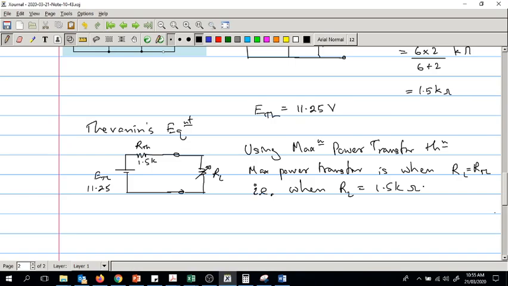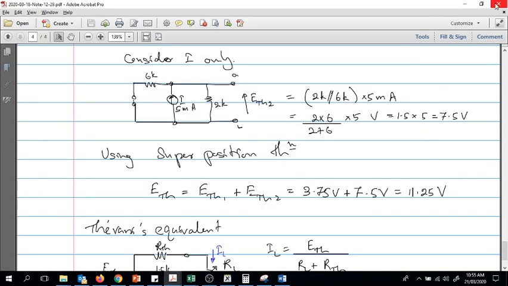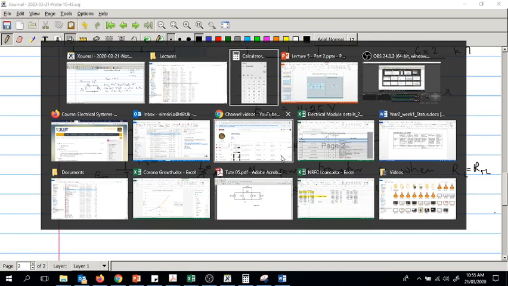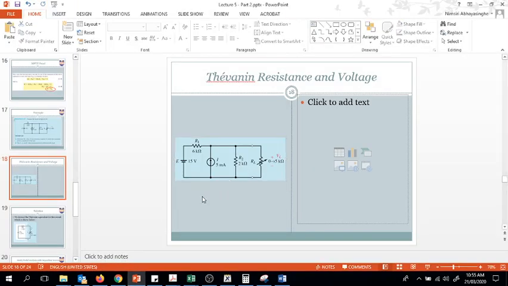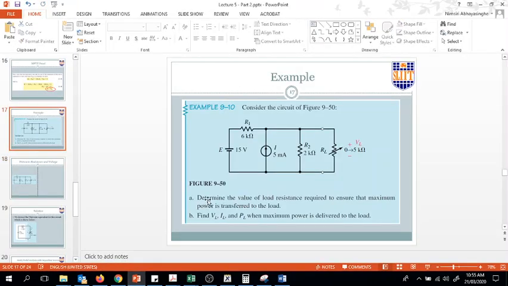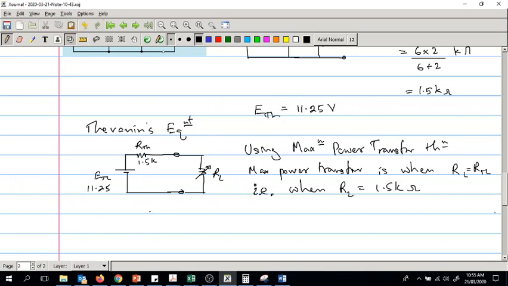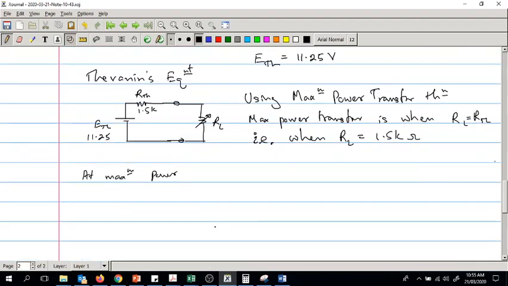The question, let's close this one. The question asked you to find out, okay, determine the load resistance, find VL, IL and PL at this. So VL at maximum power, that was not written in the same line, right?